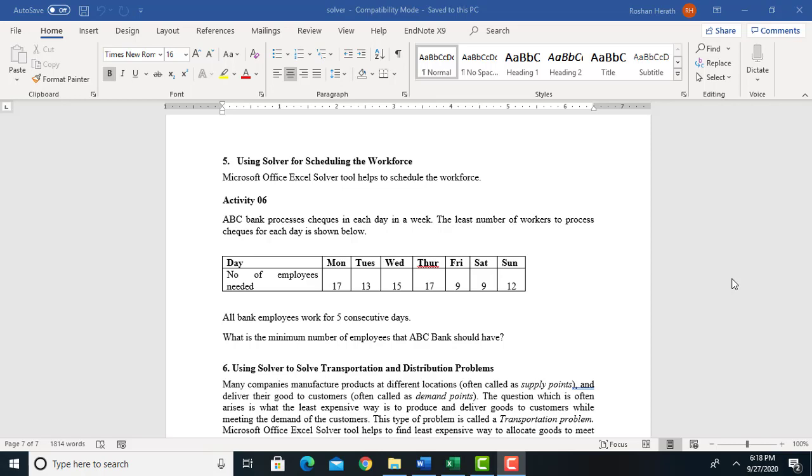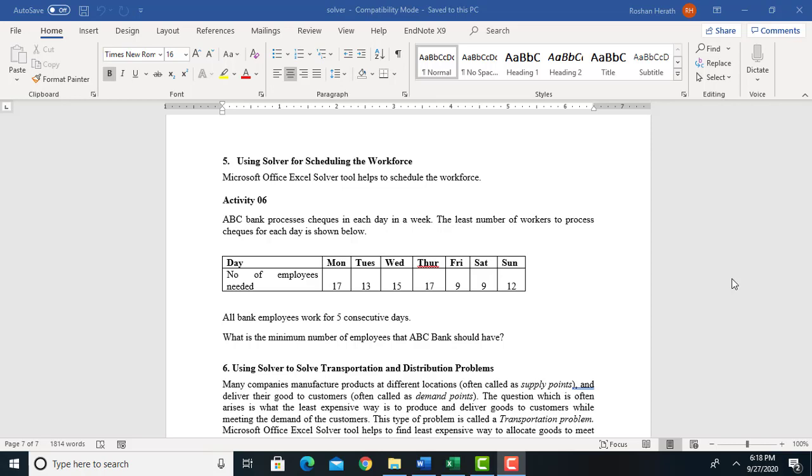Activity 6. The ABC Bank processes checks on each day in a week. The least number of workers to process checks for each day is shown below. So below gives the minimum number of employees that have to be there on each day of a particular week in order to perform the checks.